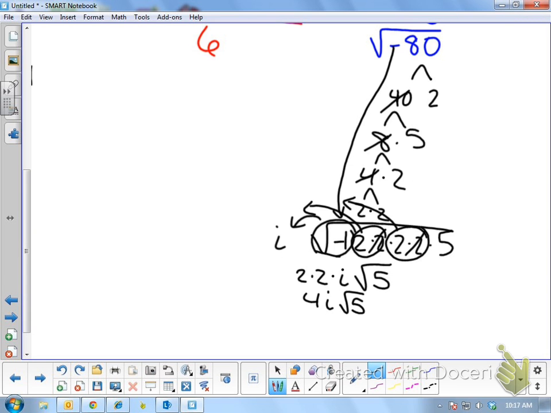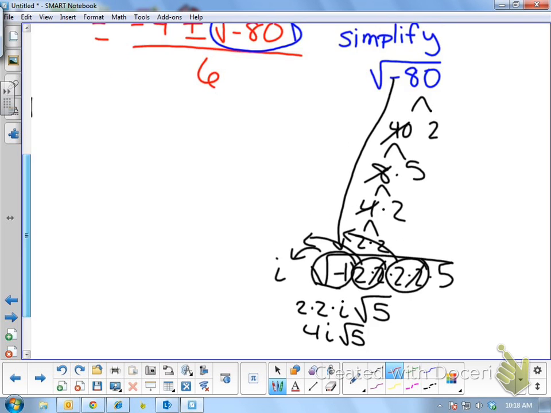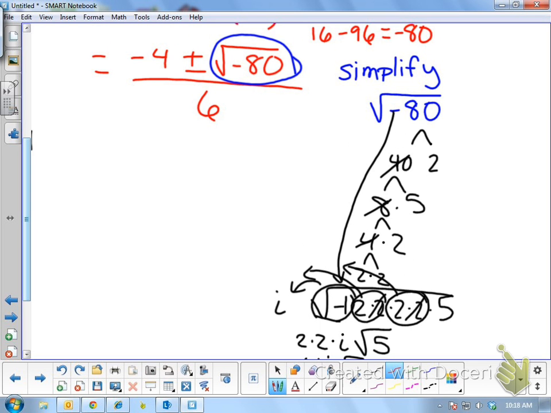So now we need to go back to our entire answer and put that in. We know negative square root of 80, that entire thing became 4i square root 5. So we get negative 4 plus or minus 4i square root 5 all over 6. Now, we do have to check one last thing when we're simplifying these square roots.